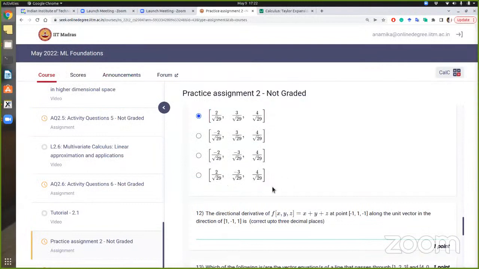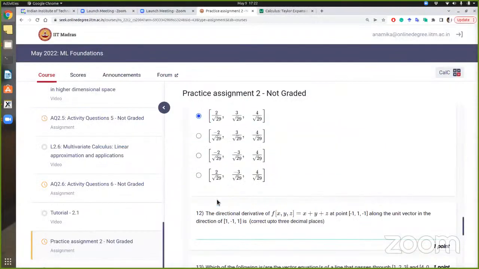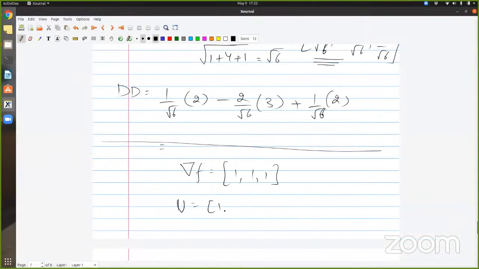Simple. It's 1, 1, 1, and then the unit vector we want is 1 minus 1, 1. That will be okay. Right.